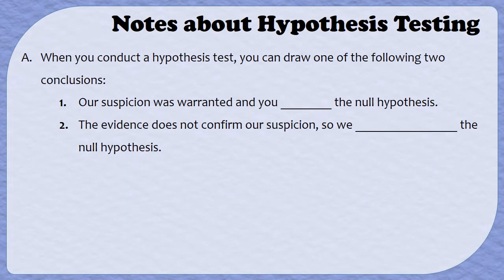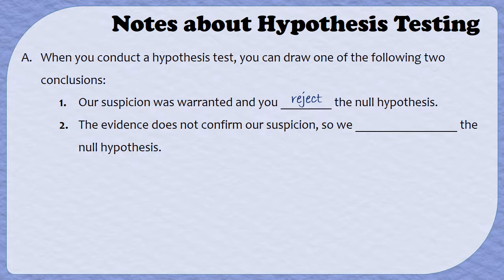Now, when you conduct a hypothesis test, at the end of the test, you're going to draw one of two types of conclusions. Either your suspicion was warranted, so you do in fact find that men are shorter than 10 feet, so you will reject the null hypothesis. So if your suspicion turns out to be true, you reject the null hypothesis.